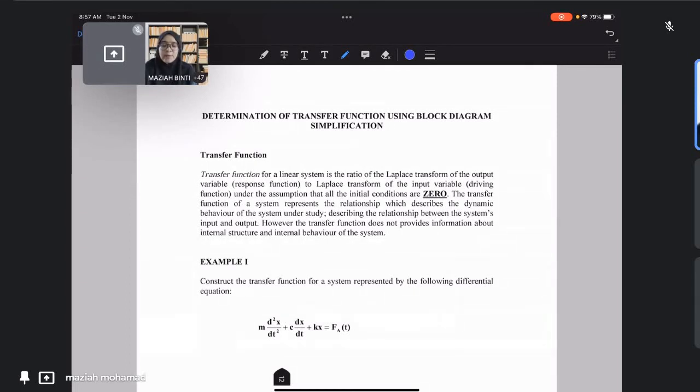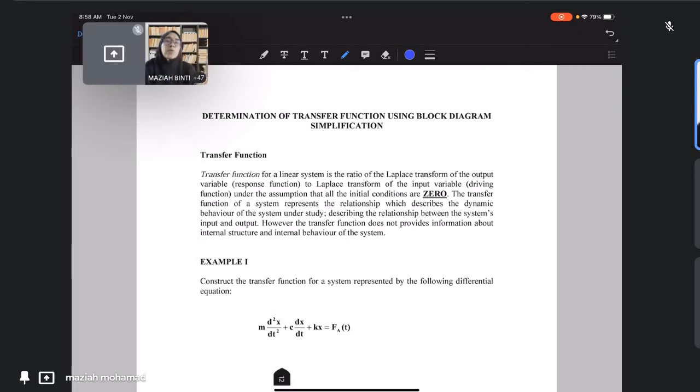Basically for a transfer function, we use the Laplace transformation method, considering the initial condition equal to 0. First step, of course, Laplace transform.